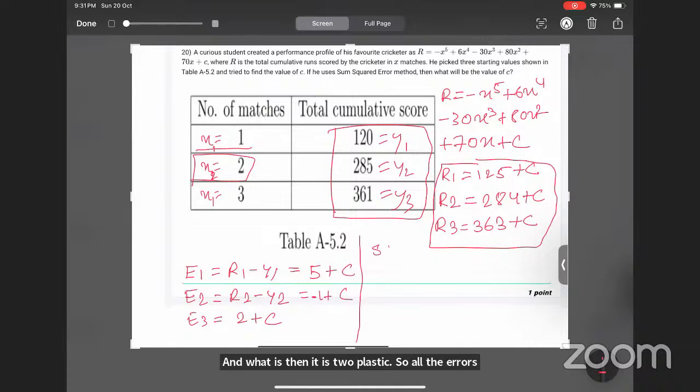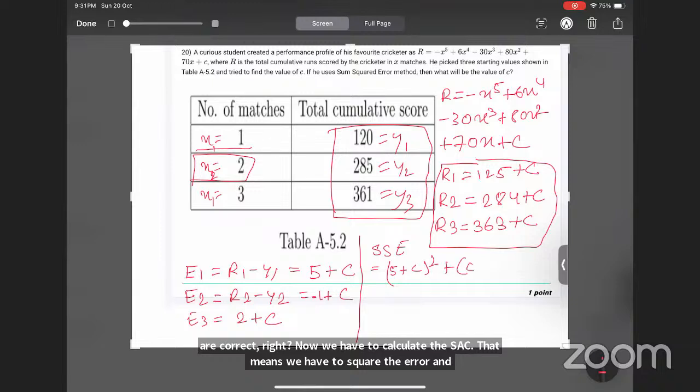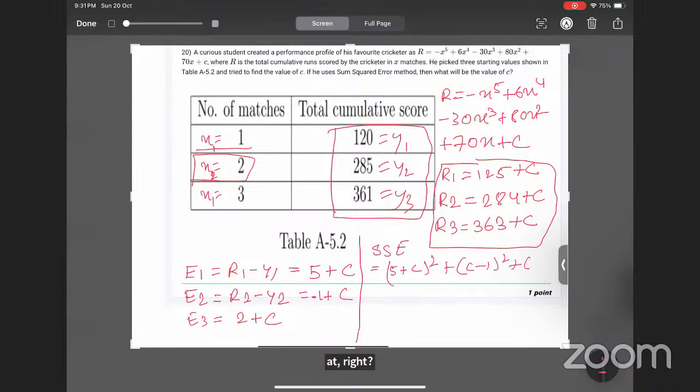Now we have to calculate the SSE. That means we have to square the error and then add, right? (4 plus C) square plus (C minus 1) square plus (2 plus C) square, right? So now we can simplify it and solve it. So after simplifying, what are you getting?